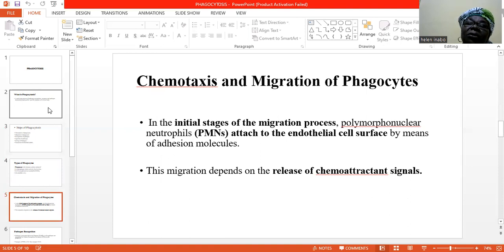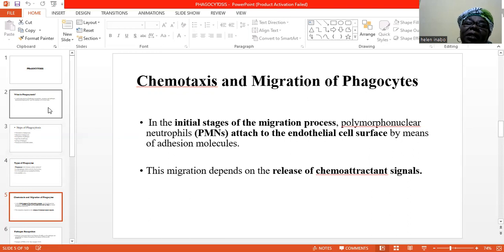The first two steps of phagocytosis will be taken together: chemotaxis and migration of phagocytes. During an infection, the level of phagocytes increased. There is the release of a chemoattractant signal informing the phagocytes to migrate to the site of infection.